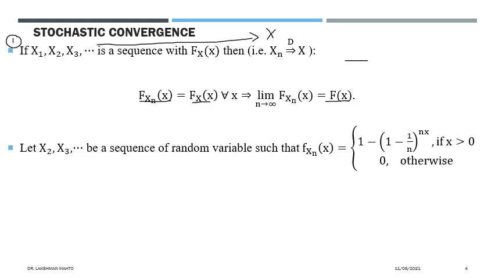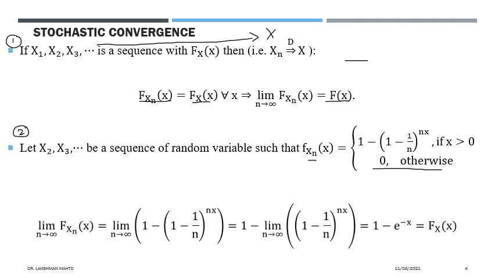Further, we are taking another sequence of random variables. This one is example number 2. Here I am taking a sequence of random variables with this distribution function, defined for positive x. It is not a density or probability mass function; it is a distribution function, so capital F would be there.